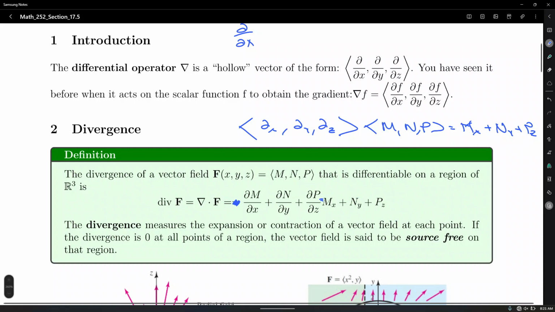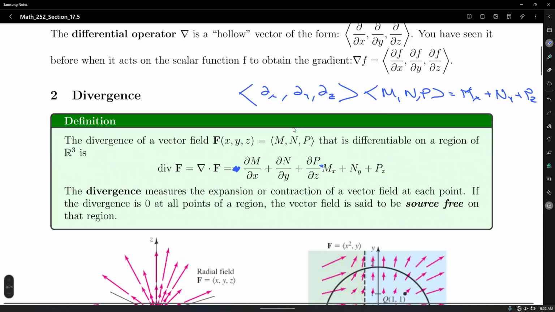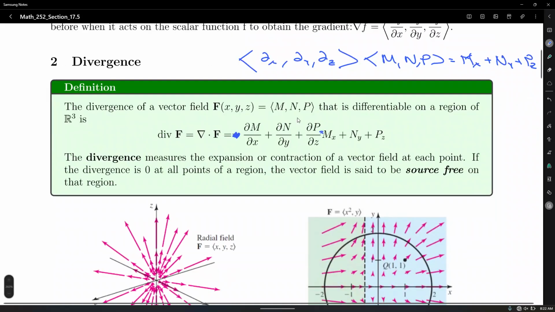Keep in mind that a force field, a vector field, is a field full of arrows representing a streamline, an electrical field or a magnetic field, or the current of water or of air. Depending on the nature of this vector field, the divergence measures expansion or contraction of a vector field at each point.